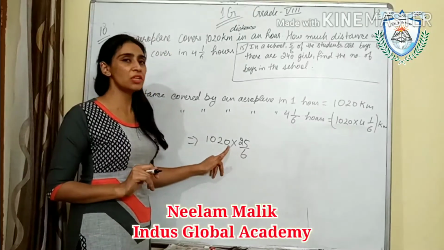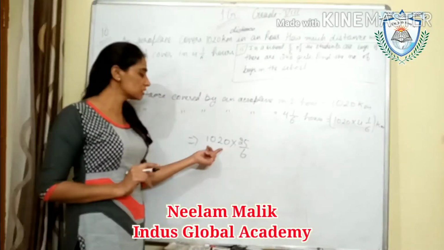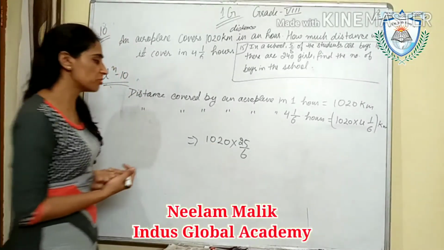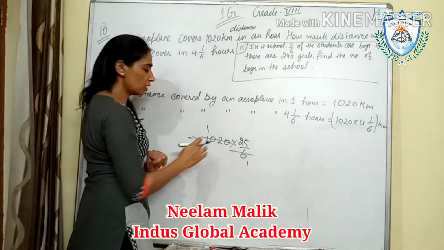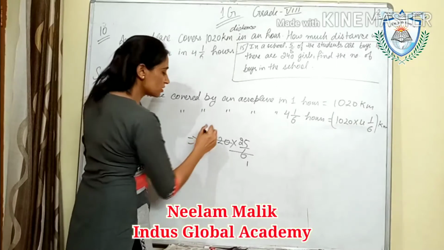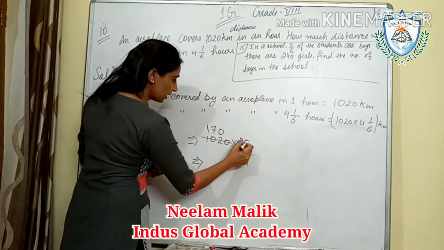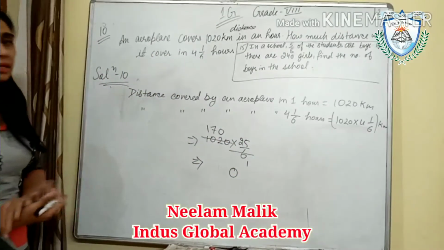So this number is even, so it is divisible by 2, and the sum of digits is 3, so it will also be divisible by 3. That means this number will be divisible by 6. Okay, 6 1s are 6, then 42, 6 7s are 42, 0 will be as it is. So what we will get here? 25, 0, 25 and then 17.